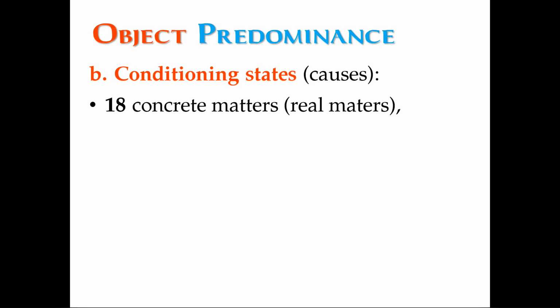But under the predominance, we have to take only 80 because the other 10 are not real rupa, so they arise because of real matters. So those 10 material phenomena are not taken under the predominance because predominant has to take a very strong one, a very visible one. But here, only 80 concrete matters are visible and real.